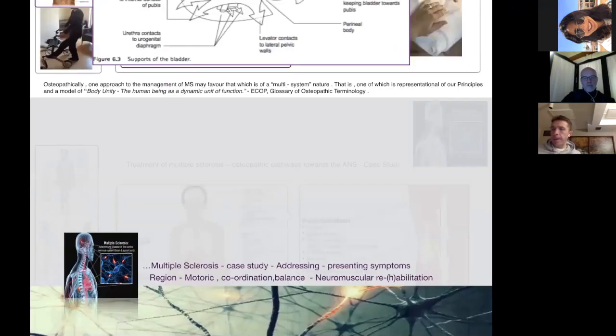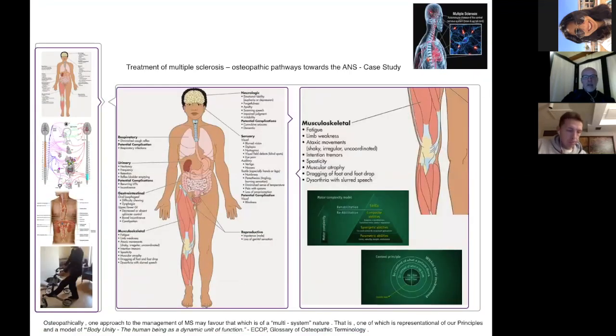And now we go on to various other aspects of it, the neuromuscular rehabilitatory side of things. Of course, we're getting these scenarios with fatigue, limb weakness, spasticity, atrophy, foot drop, and certain kinds of dysarthria going on. So we can work to some degree with that.